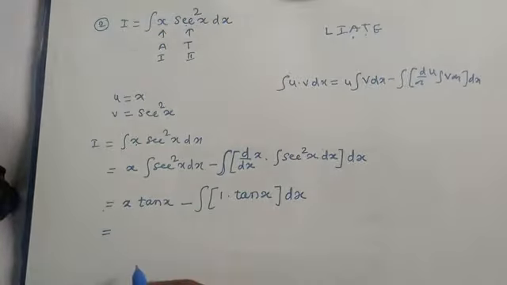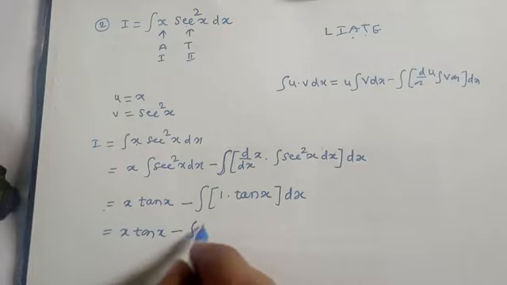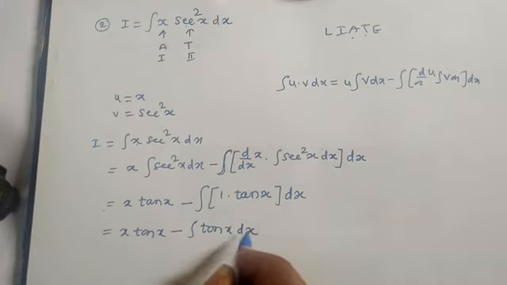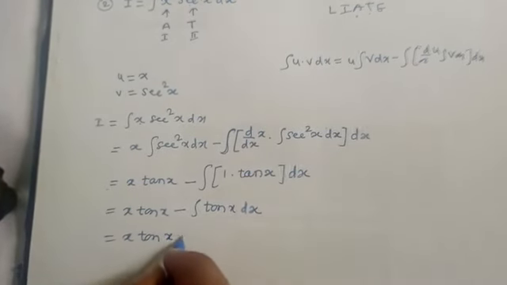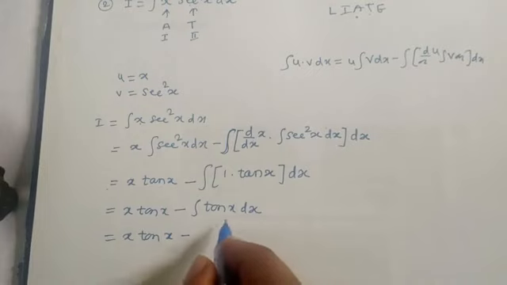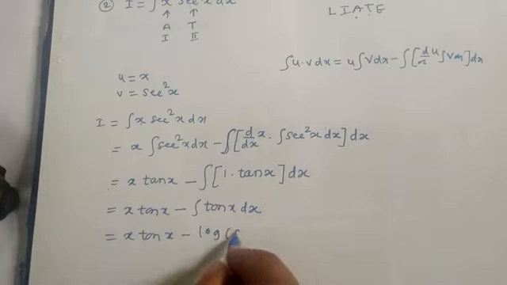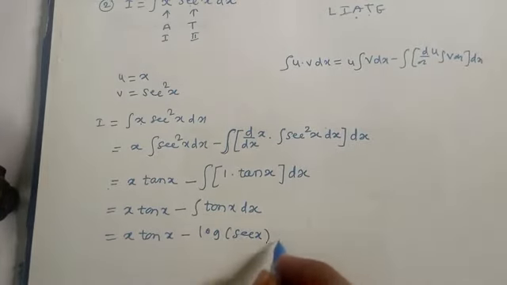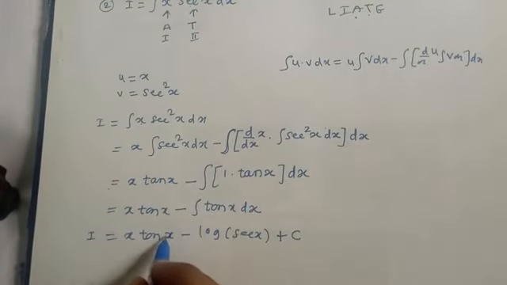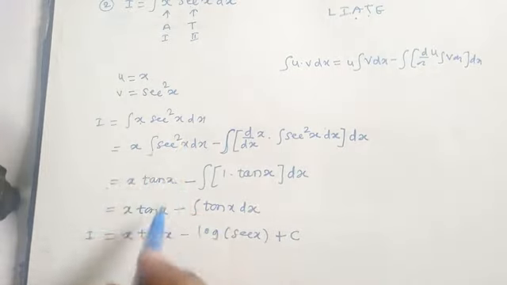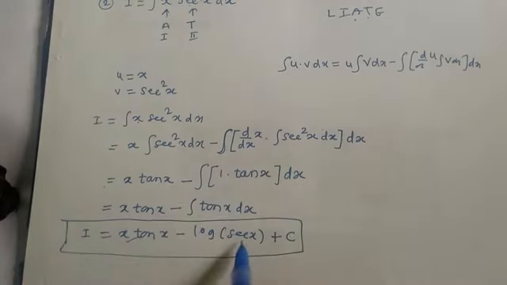So our integration becomes x tan x minus 1 into tan x, that is, the integration of tan x dx. So our integration becomes x tan x minus the integration of tan x dx. We know that the integration of tan x dx is log of the modulus of sec x, or log of sec x. And finally, plus constant c. So this is our final answer for the integration of x into sec square x dx, that is x tan x minus log of sec x plus c.